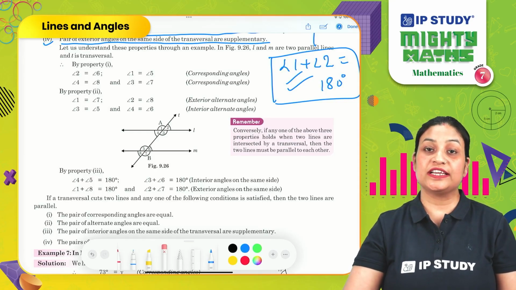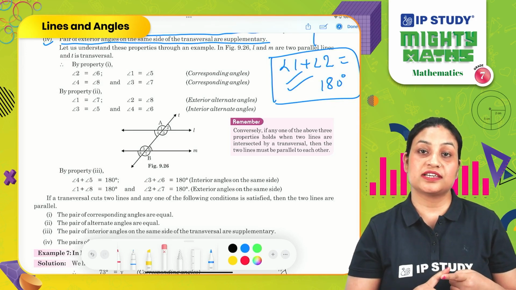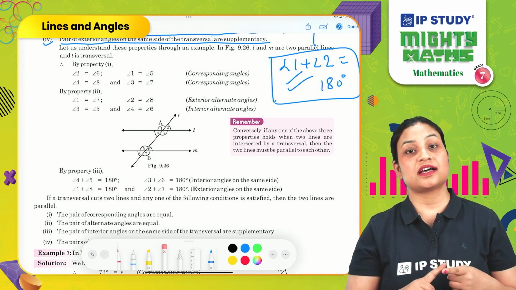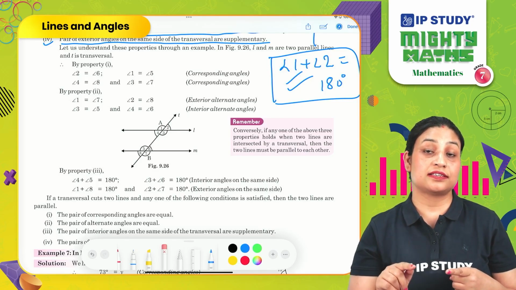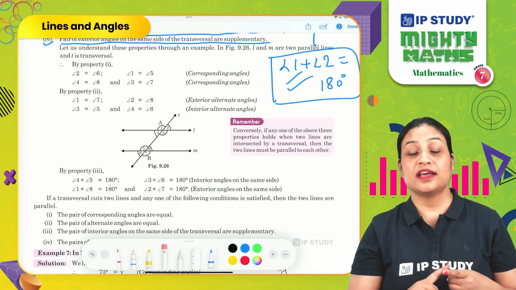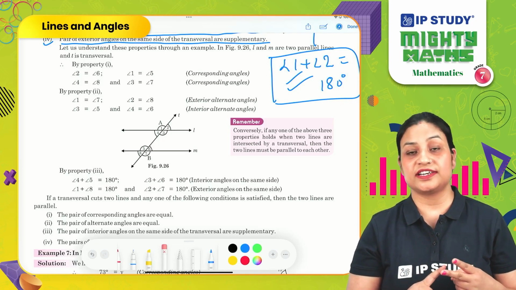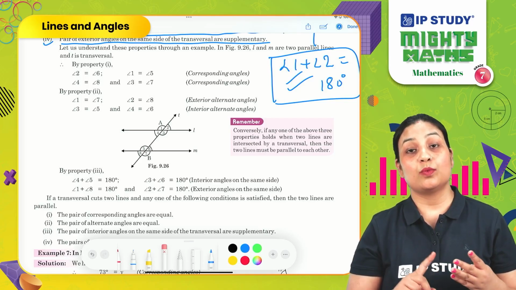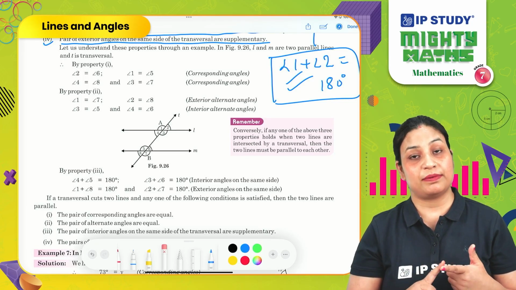So let me quickly summarize the points that we have discussed in this video. First of all, we have discussed what angles are. Angles are the inclination formed between two rays which have a common vertex, right? Next, we have discussed different pairs of related angles, like adjacent angles, linear pair, vertically opposite angles, complementary angles, and supplementary angles.